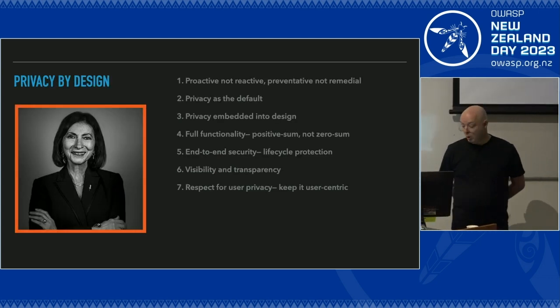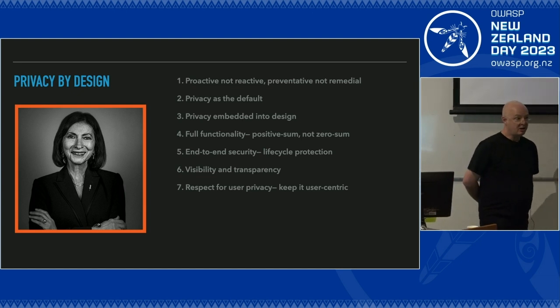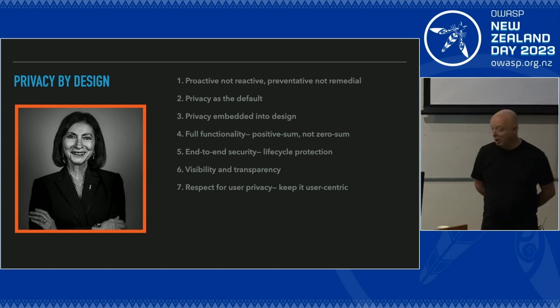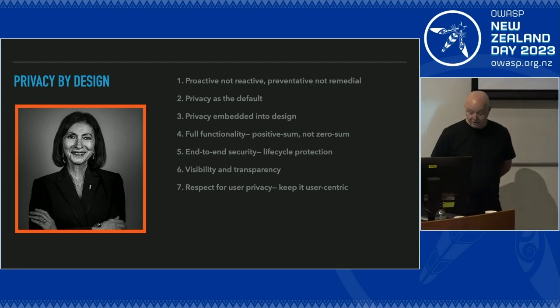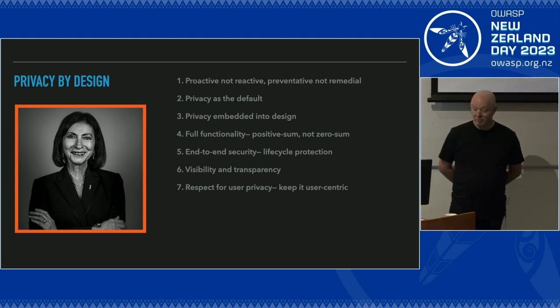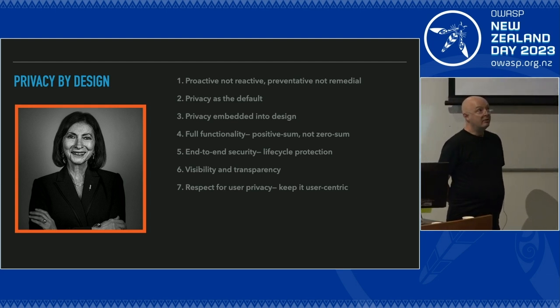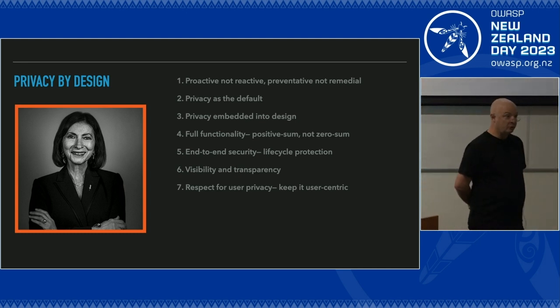So what is privacy by design? It's a set of principles that were developed in the 1990s by Ann Cavoukian when she was the Information and Privacy Commissioner for Ontario, Canada. And they are principles. She is a psychologist by training, not a lawyer.